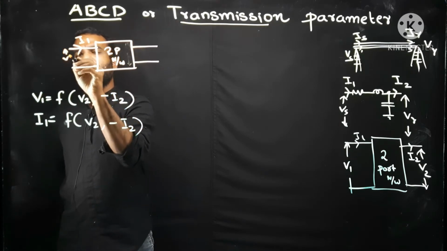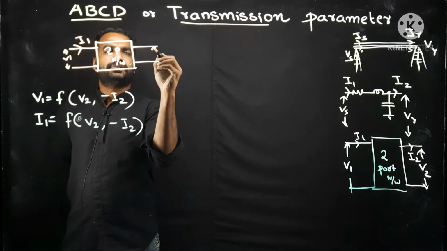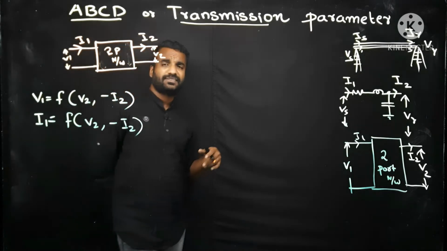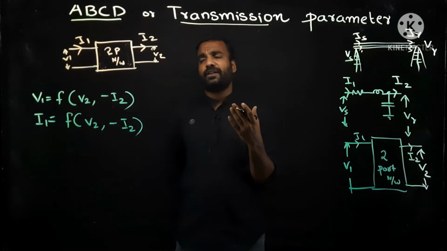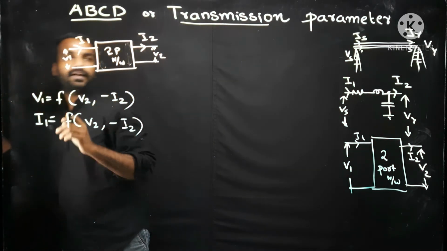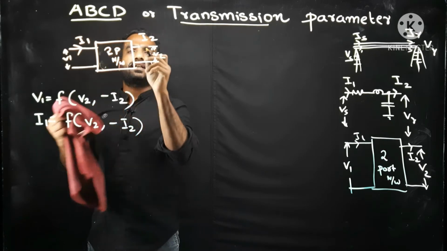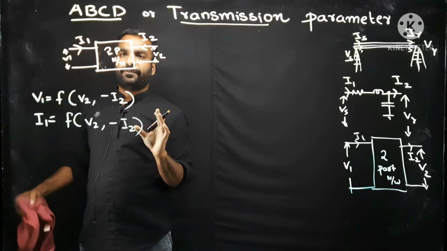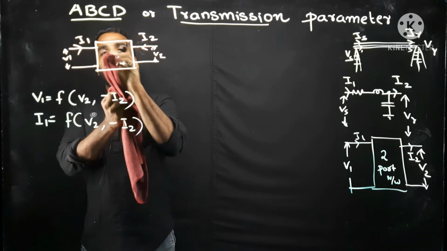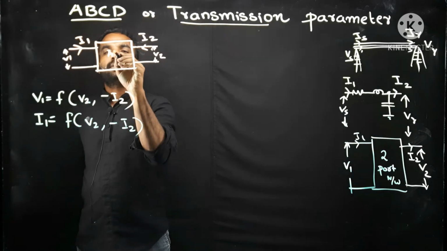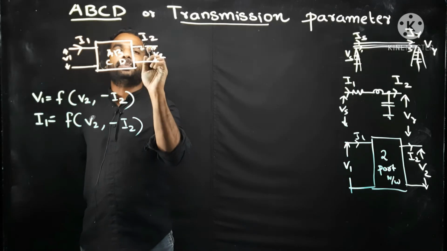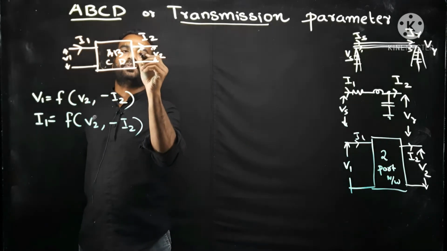I1, V1, V2, but I2 is flowing towards outside. For any two-port network, our general direction of I2 was inward. But in an ABCD parameter representation, the I2 direction is based on the transmission network, so it will be outside.